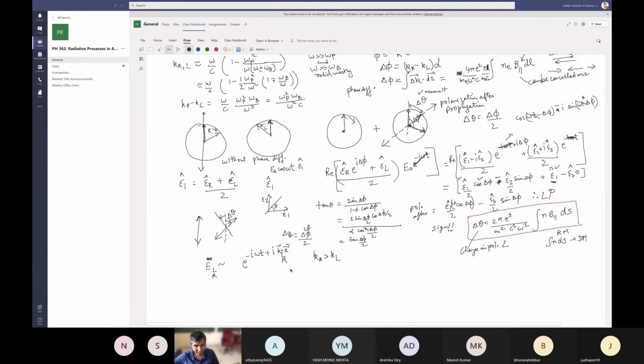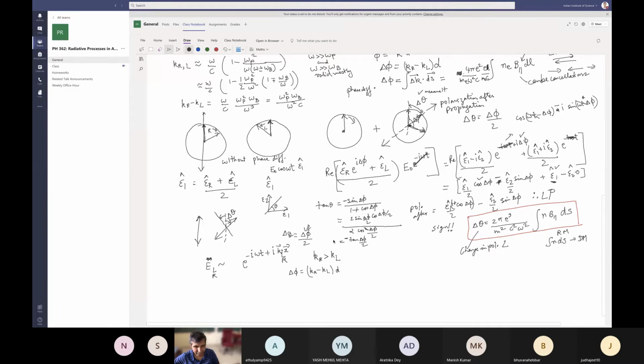So you basically have delta phi is equal to k R minus k L times the distance. So if you have e to the i delta phi, this delta phi has the correct sign. So this is R minus L. So it will actually have a minus sign, and I have a minus sign here.